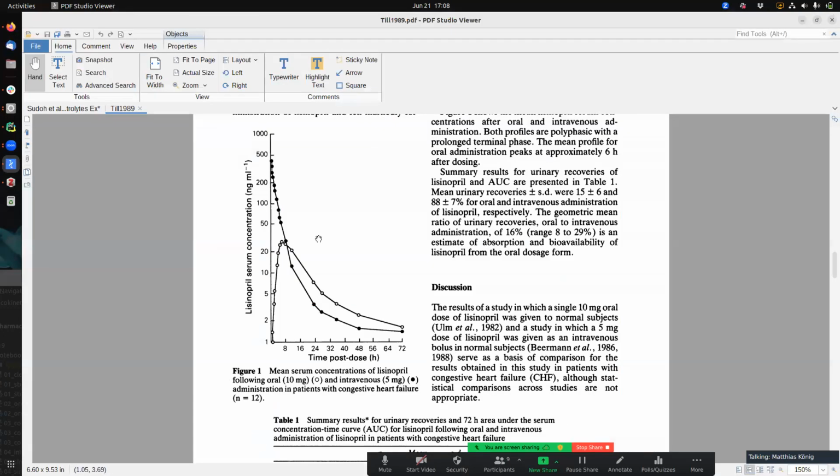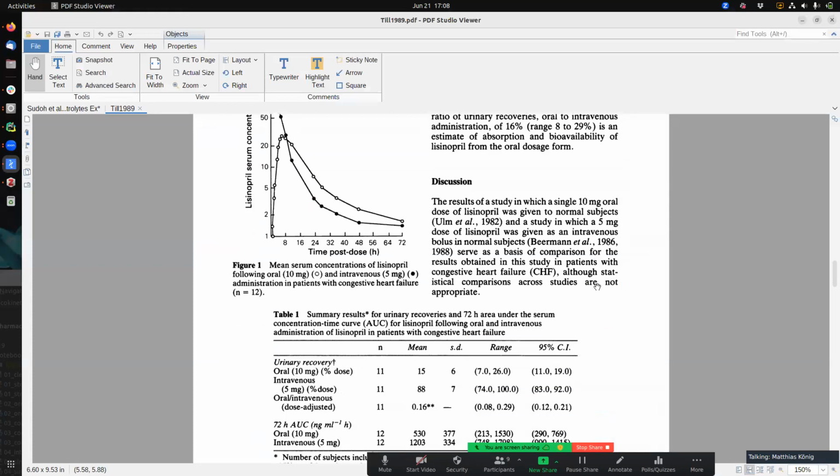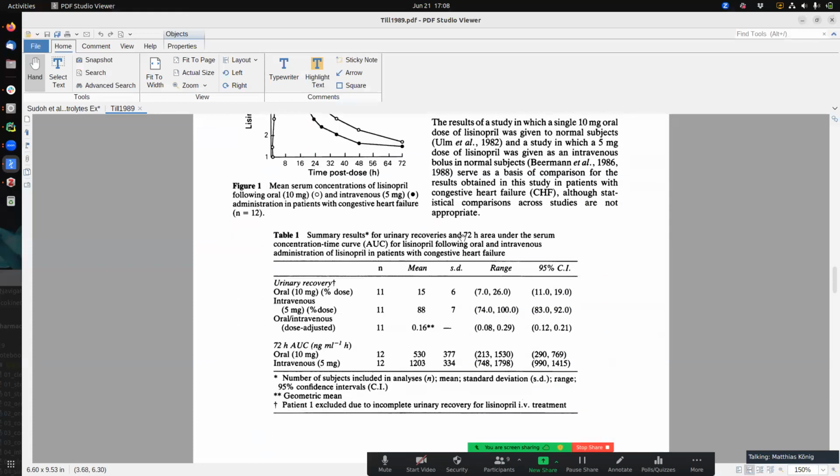So this is pretty good data for the subgroup, and it's very nice pharmacokinetics. In addition, we have to see if there's more information in here. Here we see summary results for urinary recoveries. This is also really good urinary recovery data, and we see some AUCs for the different ranges. So this is pretty good pharmacokinetic information, telling us how much of the dose was recovered.